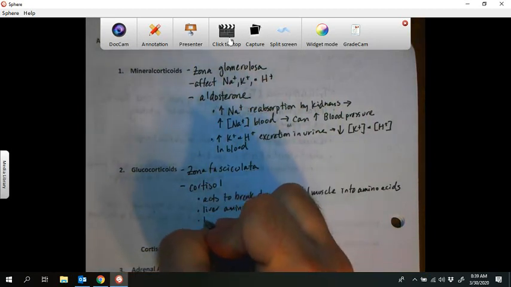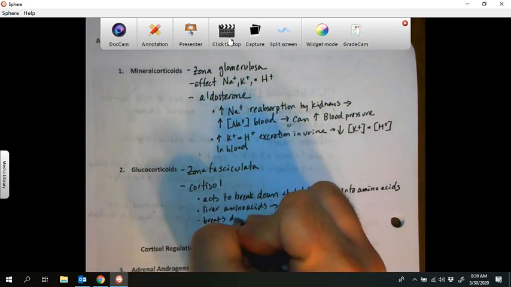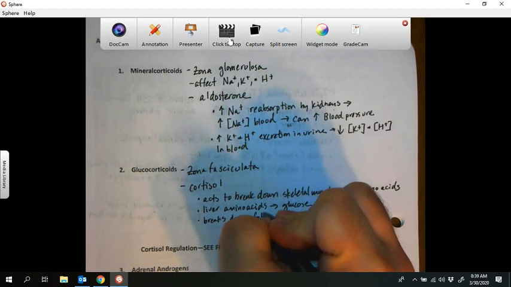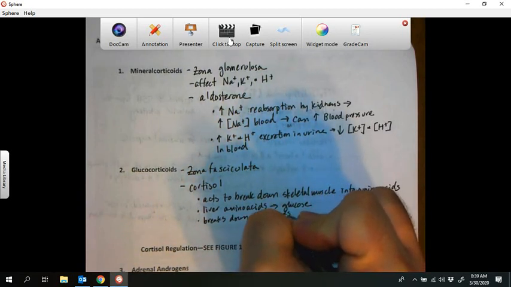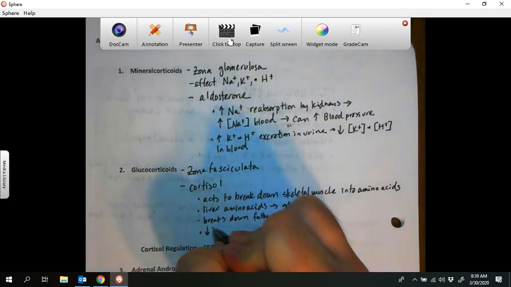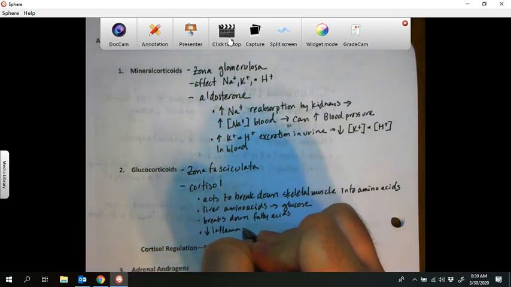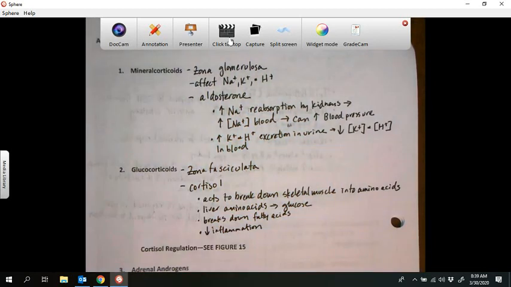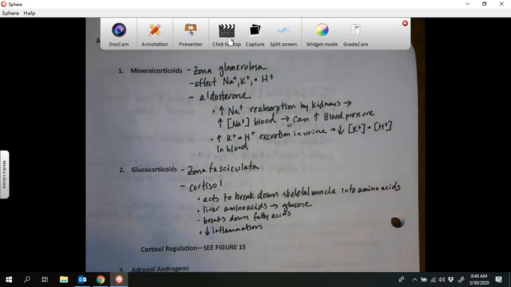It breaks down fatty acids, and it does that by breaking down adipose tissue. It decreases inflammation by decreasing the number of white blood cells and the secretion of inflammatory chemicals. There's a synthetic version of this that we use to help with inflammation called cortisone.